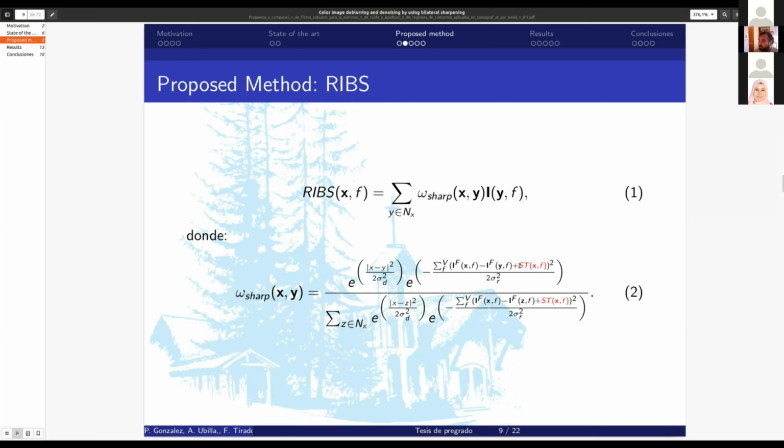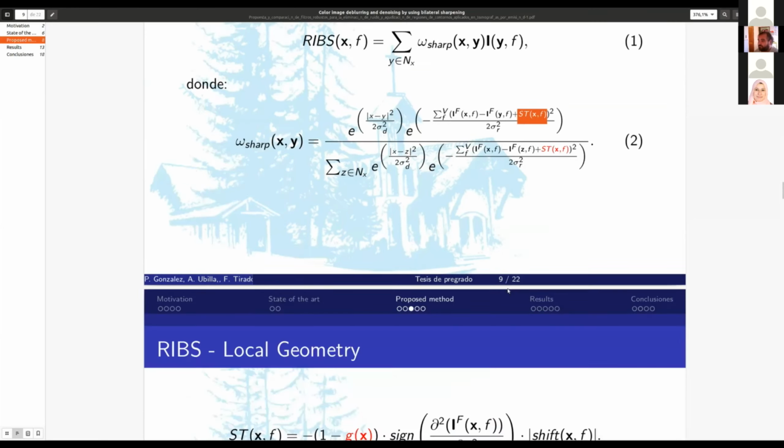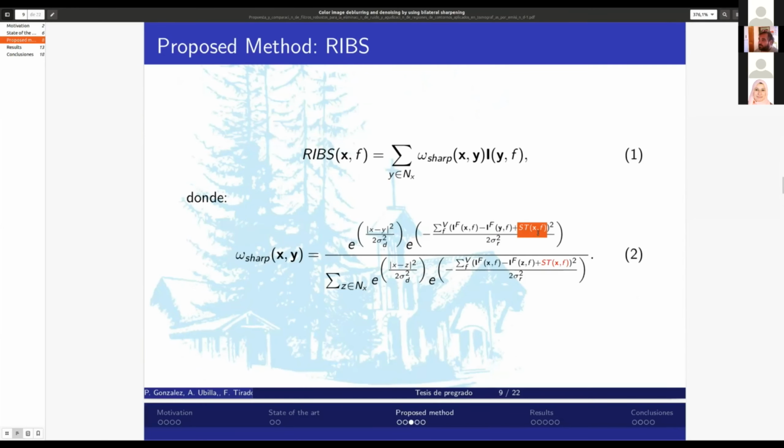And in this kernel we introduce a sharpening term. With this sharpening term we produce the sharpen effect in the 3D image.